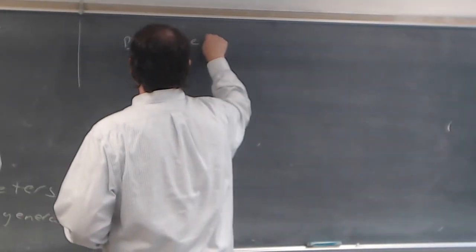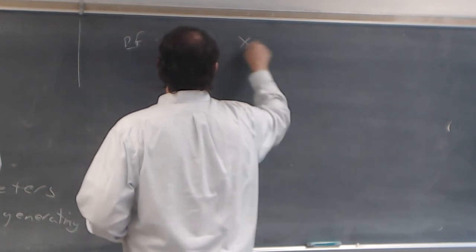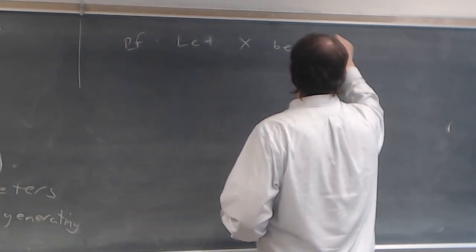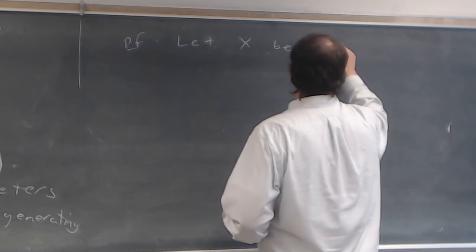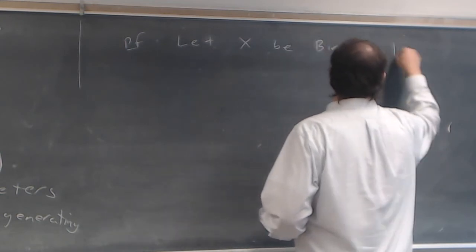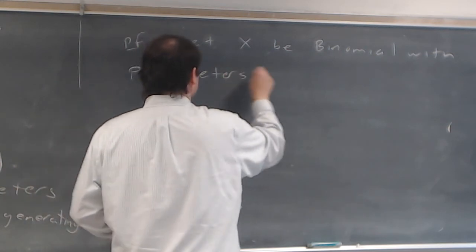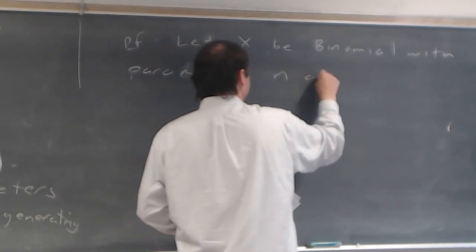Again, we're letting x be binomial with parameters n and p.